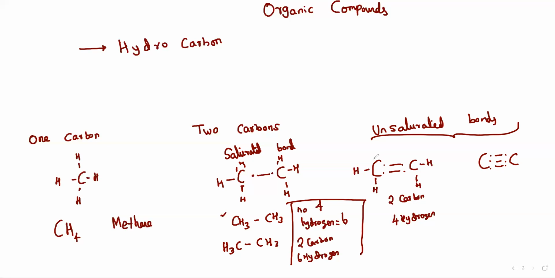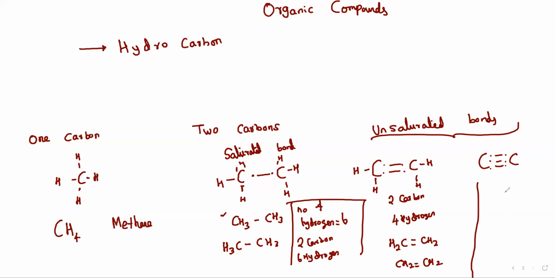So for this carbon, 2 more extra are required, and this carbon also 2 more extra are required. There was no choice. Both have to share 2 more electrons. This is because unsaturated bonds are forming. So this can be written as H2C double bond CH2, or CH2 double bond CH2.